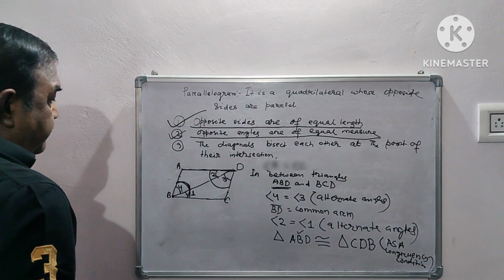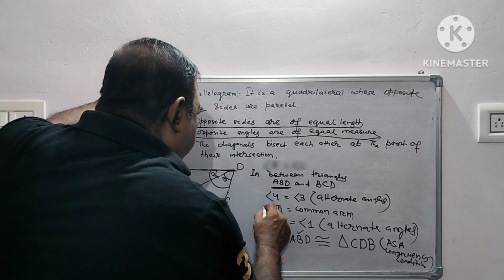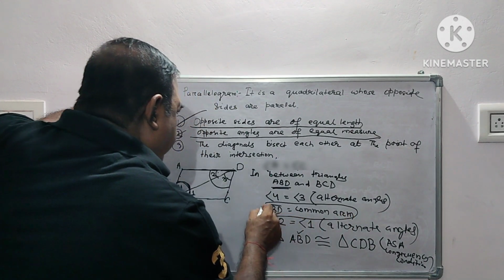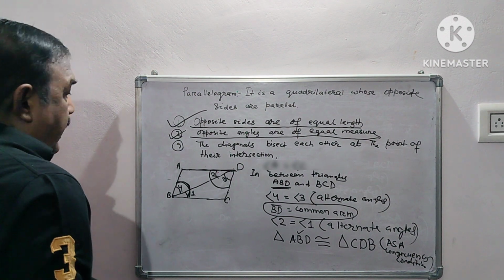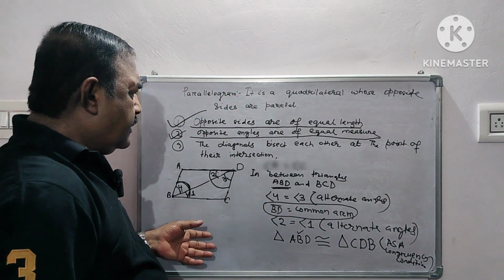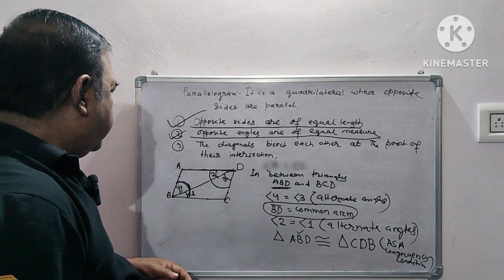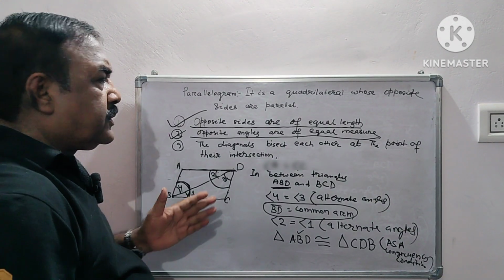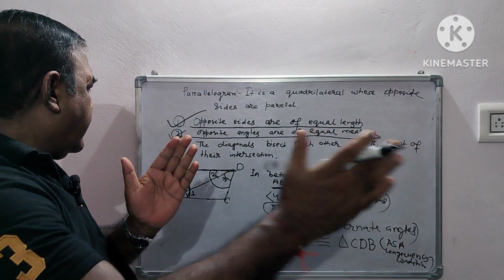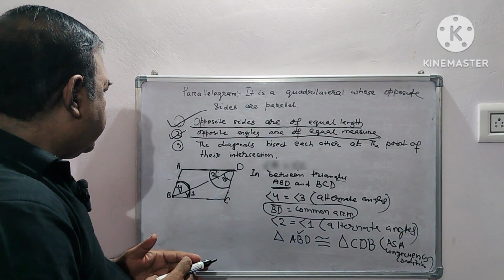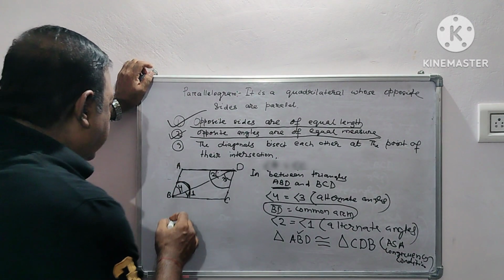So what we got? Now as you see, BD is the common arm. BD is present in both the triangles, both in ABD and BCD. And what we have known, now after they have become the congruent triangles, you see, suppose one side corresponds to other side, other triangle, okay? So their opposite angles are equal in nature.